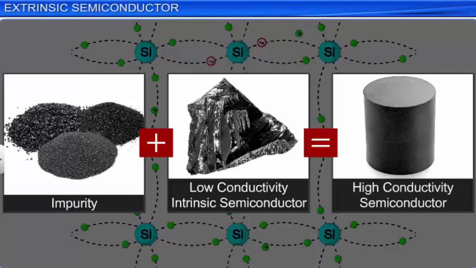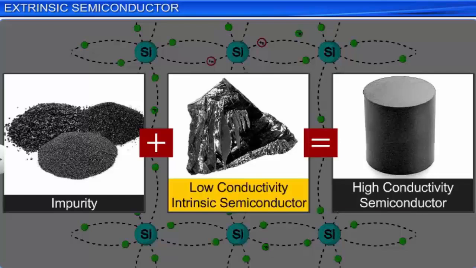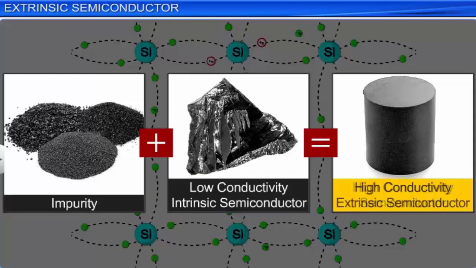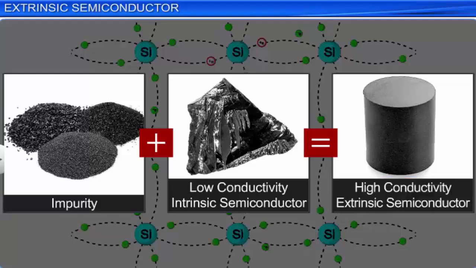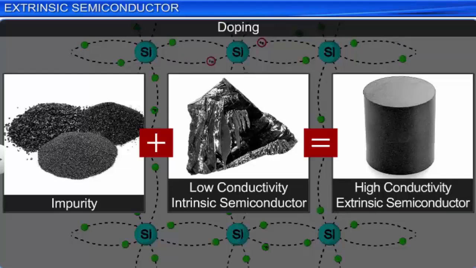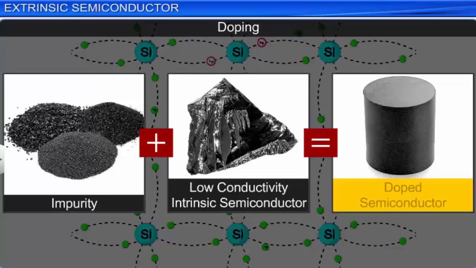A semiconductor that has an added impurity to increase its electrical conductivity is called an extrinsic semiconductor. The process of adding the suitable impurity to a semiconductor is called doping. Thus, an extrinsic semiconductor is also called a doped semiconductor.